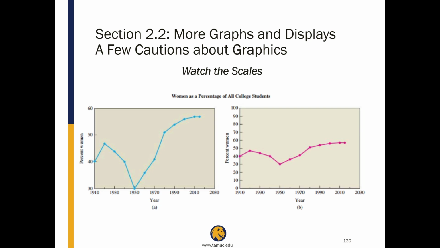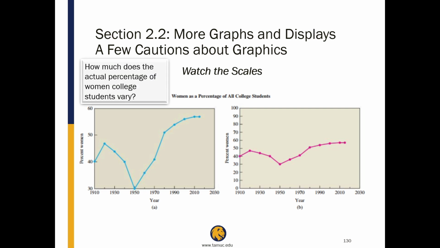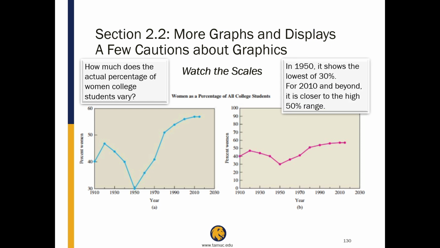So these two particular graphs show women as a percentage of all college students. We get an idea of what's going on here by looking at the graph, but if we try to actually read it, how much does the actual percentage of women college students vary? In 1950, the lowest is 30%, and for 2010 and beyond, it's closer to the high 50% range.